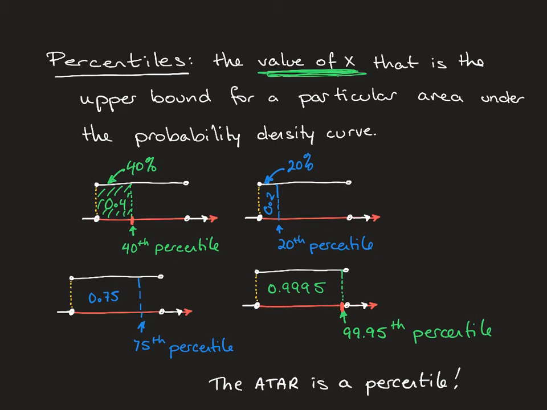So if your ATAR is 50, you are in the 50th percentile, so 50% of the students are below you. The ATAR is a percentile, and that's why you can't get an ATAR of 100, because they only measure the step-ups in 0.05s of a percentile.